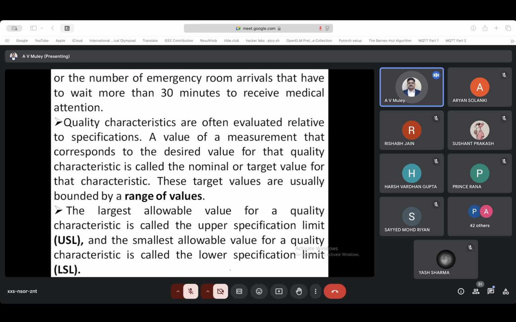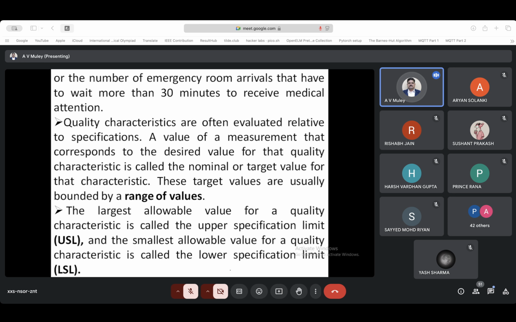The largest allowable value for a quality characteristic is called the upper specification limit, USL, and the smallest allowable value is called the lower specification limit. So if the value falls between these limits, you are going to accept that product, or you can say that the process is in control, because the process is producing within the limits.